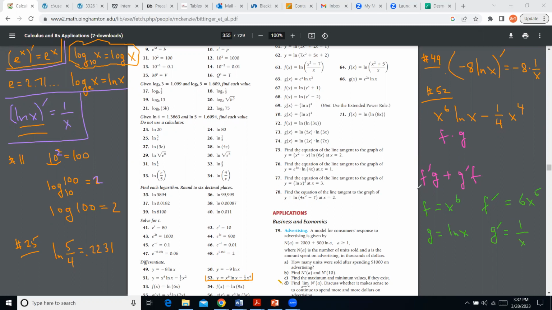So let us set up this sum of pieces. Instead of f prime, I put 6x to the power of 5. Then I multiply this by g, which is ln of x, right? And then we're going to add this with g prime, which is 1 over x, and then times function g, which is ln of x.